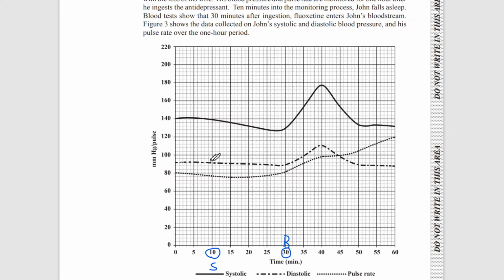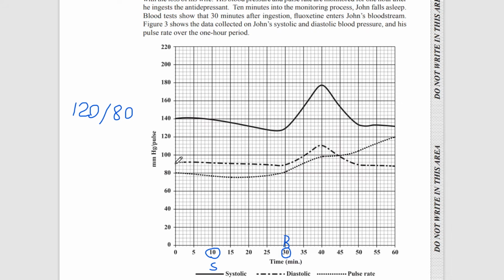So let me just observe what's happening here. Now, something I should note here is that John most likely suffers from hypertension, because your average blood pressure is supposed to be 120/80, and we could see here that his resting blood pressure, we could say, is 140/90 something.